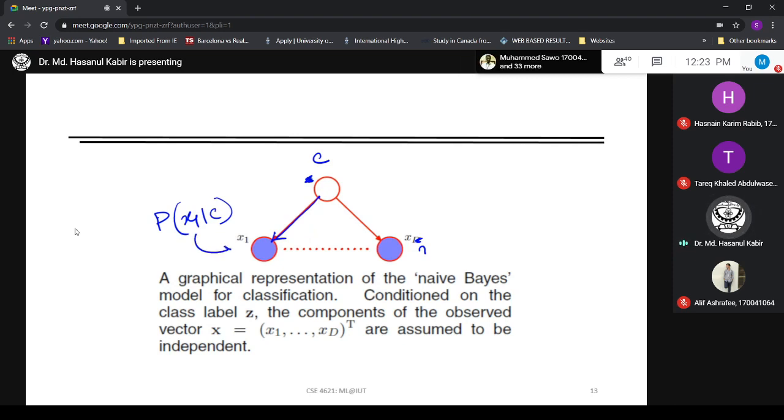And again, if you consider the second element, x2, we can say that x2 is only dependent on the class. It has nothing to do with x1 or other feature elements. So we are only considering the probability of x2 given the class. With this figure, we have a graphical representation of this naive Bayes classifier.